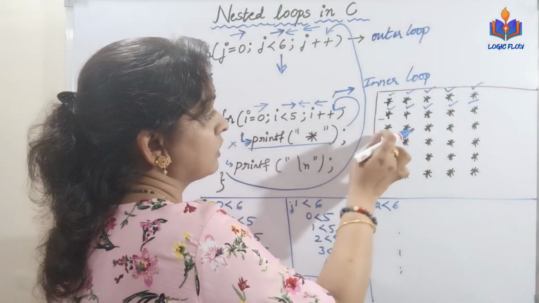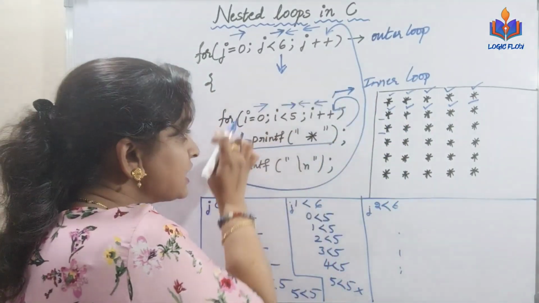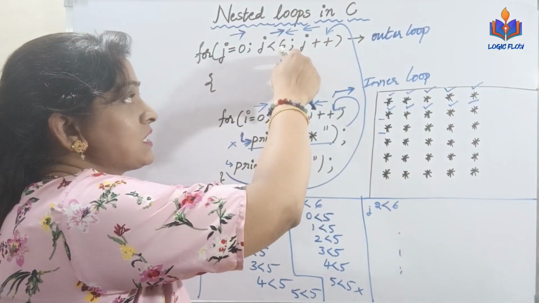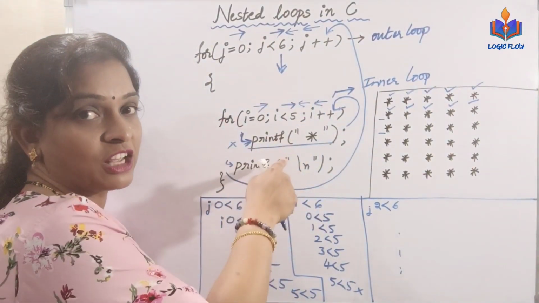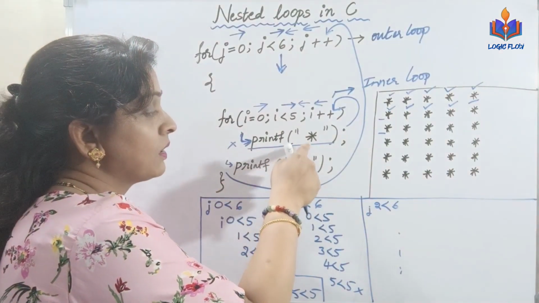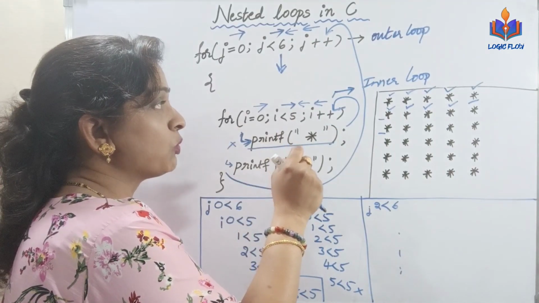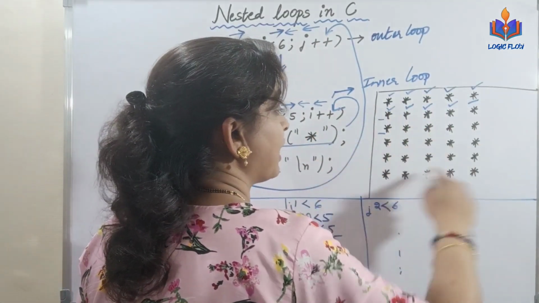2, 3, 4, 5 and 6. 6 times this for loop gets executed. The outer loop says 6 times you need to execute this inner loop. So the printing of star, which is done 5 times, will be executed totally 6 times. 1, 2, 3, 4, 5, 6.